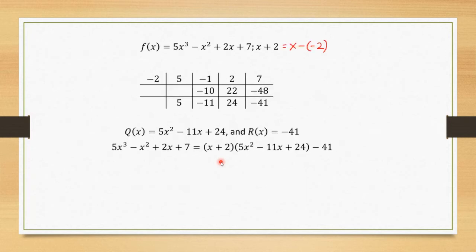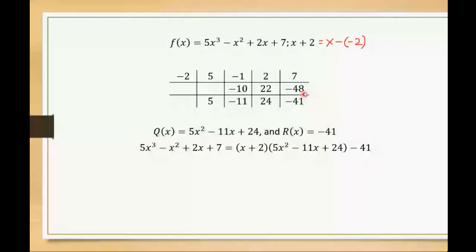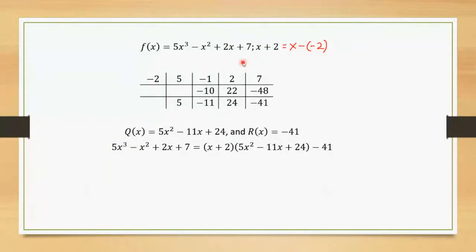All right, well, let's do the next one then. So this was the third one. This is our f of x, right? This was given. We have x plus 2. But with synthetic division, you always have to do x minus. No big deal. We can write this as x minus negative 2.